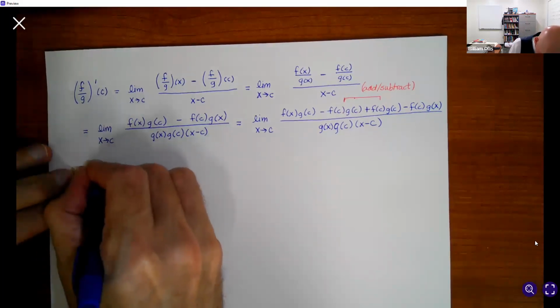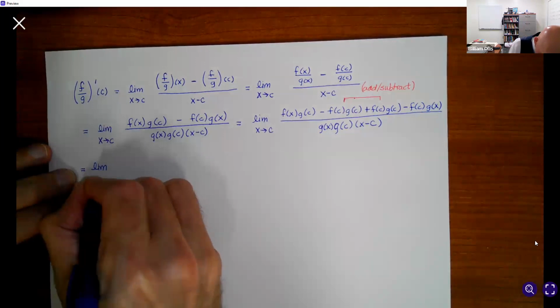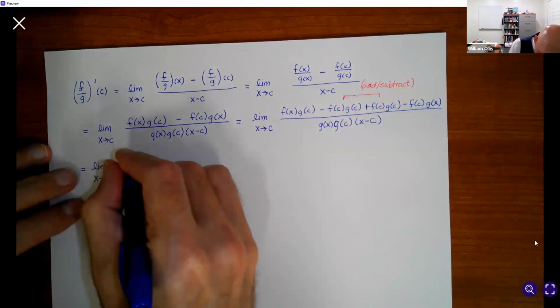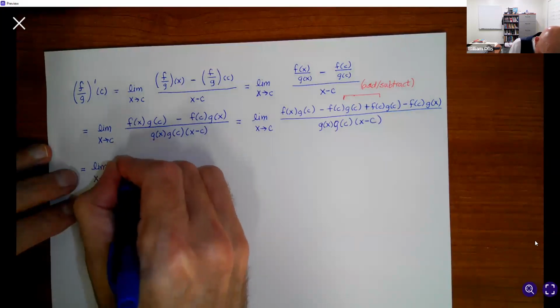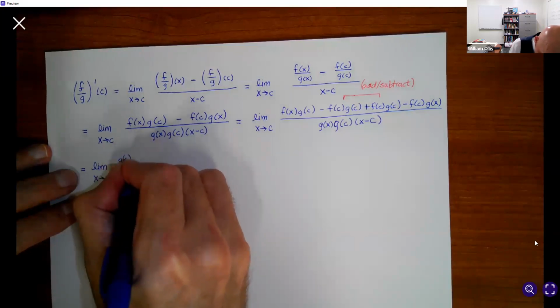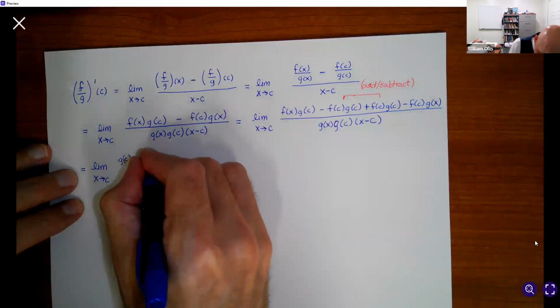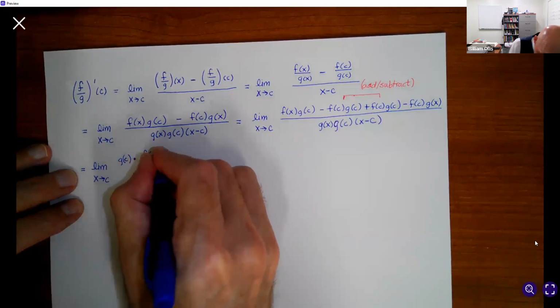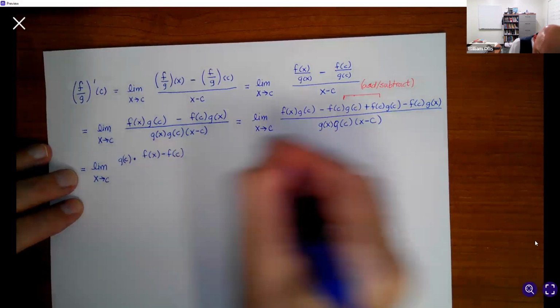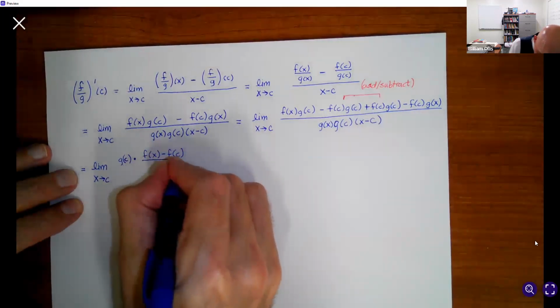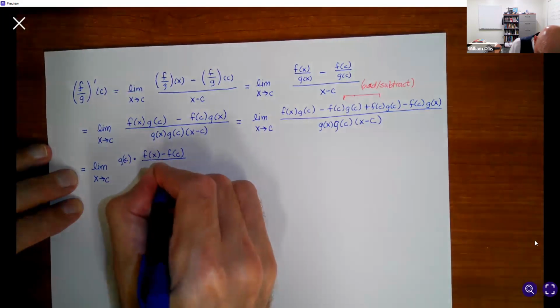So we have the limit now as x approaches c of, if you will, we'll factor the g of c, I'll put a little dot here, f of x minus f of c, and then we'll move up the x minus c for both of these terms.